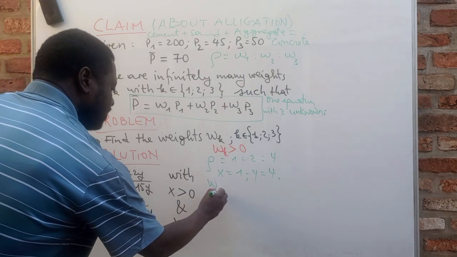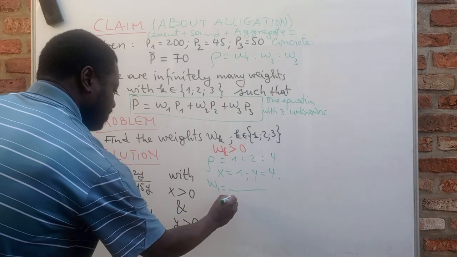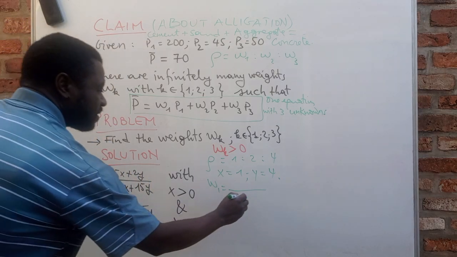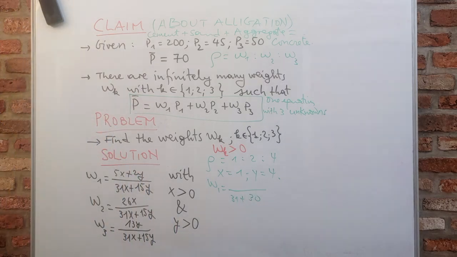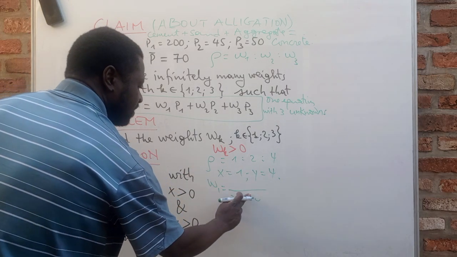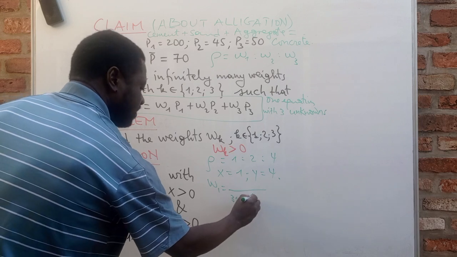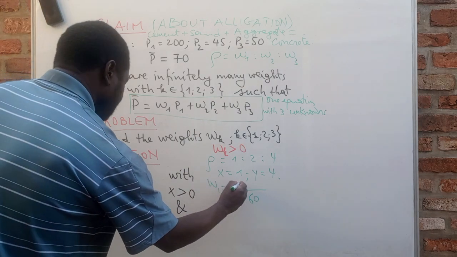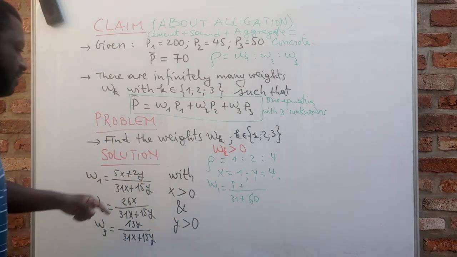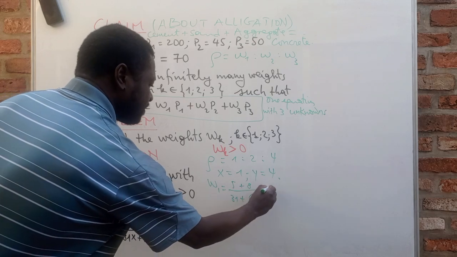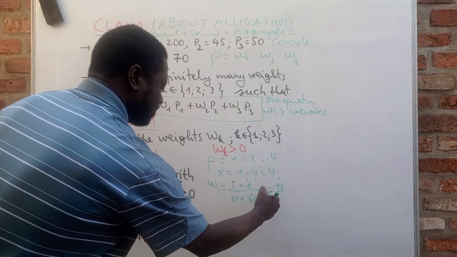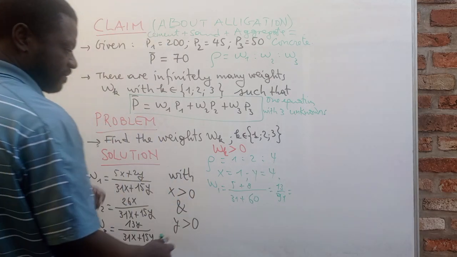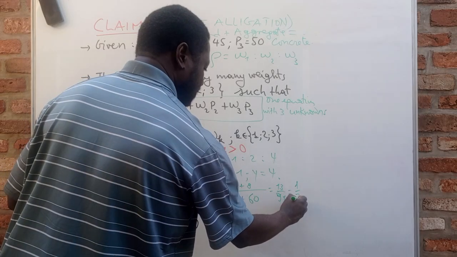So omega 1 here is equal to: in the denominator, 31 times 1 plus 15 times 4, which is 60, giving 91. And in the numerator, 5 times 1 is 5, plus 2 times 4 is 8, so we have 13 out of 91. Since 91 is a multiple of 13, this is 1 over 7.